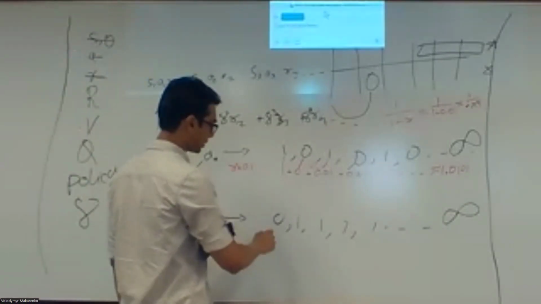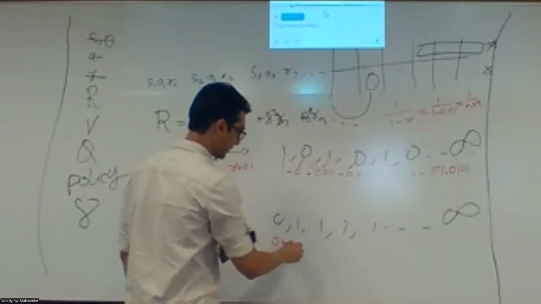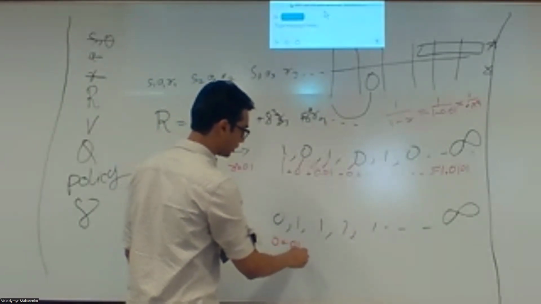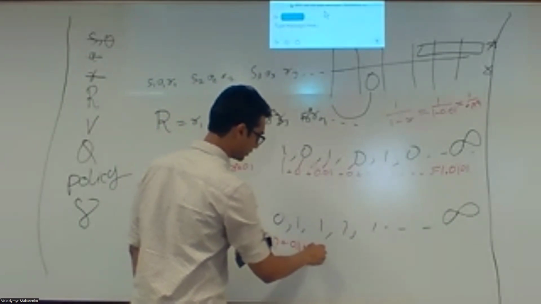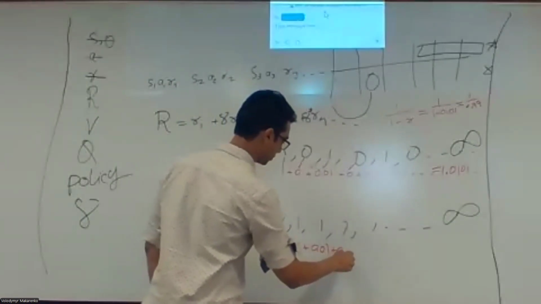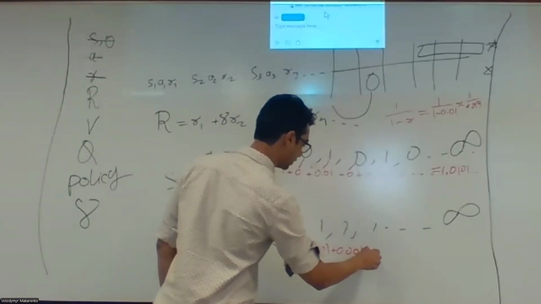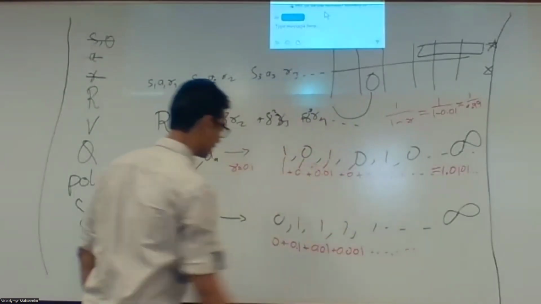We're using the same gamma. It's going to be 0 plus 0.1 plus 0.01 plus 0.001 and all the way into the future.